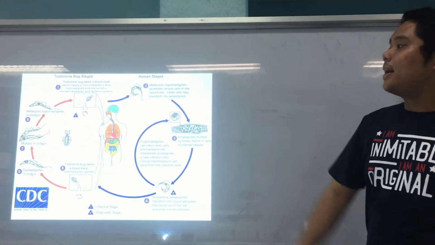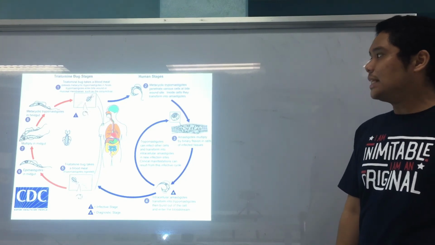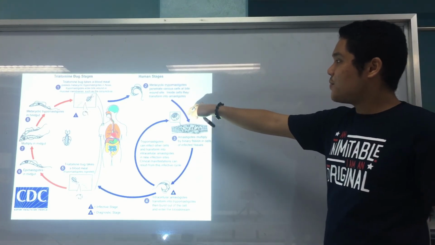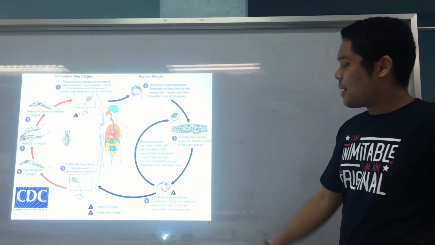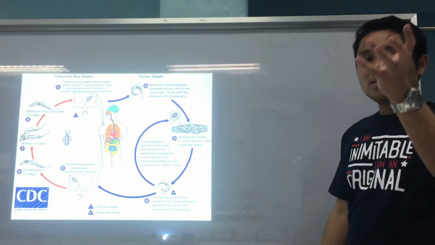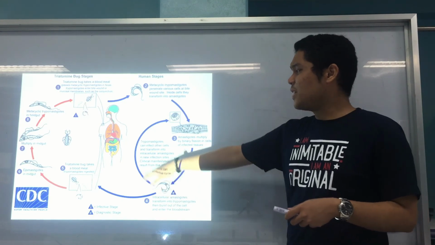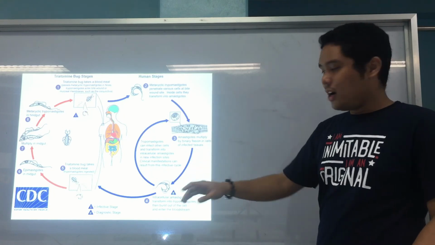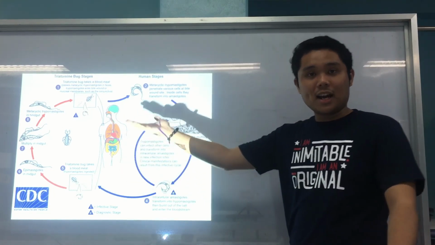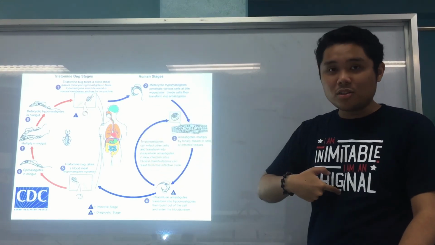So this is again your life cycle. The triatomine bug takes a blood meal and enters the bite wound or mucosal membranes as mentioned, and then the trypomastigotes invade your cells and transform there as amastigotes. Once the amastigotes rupture and go out, they become trypomastigotes again. The trypomastigotes can infect other cells and again become amastigotes, or they are ingested by another triatoma bug in a blood meal, and convert into epimastigotes in the vector.